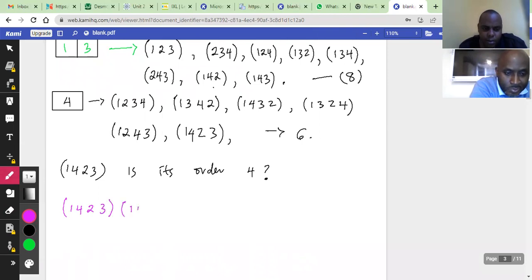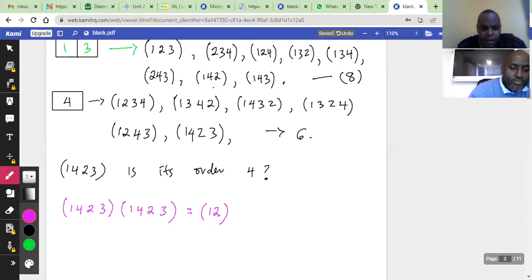1 goes to 4, 4 goes to 2, 2 goes to 3. So this is going to give you 1 goes to 4, 4 goes to 2, so 1 goes to 2, right? And then 2 goes to 3, 3 goes to 1, so 2 goes to 1.